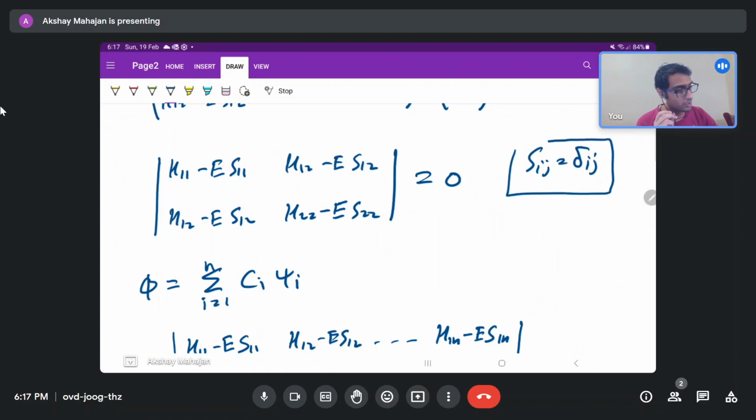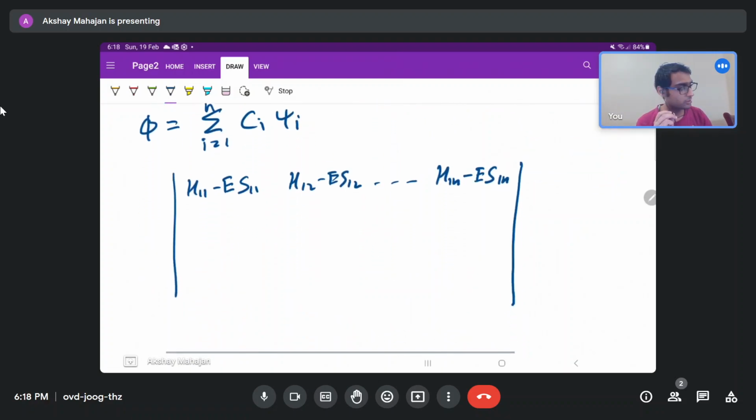So in those cases S11 and S22 will become 1, and S12 will become 0. So the calculation just becomes simpler.